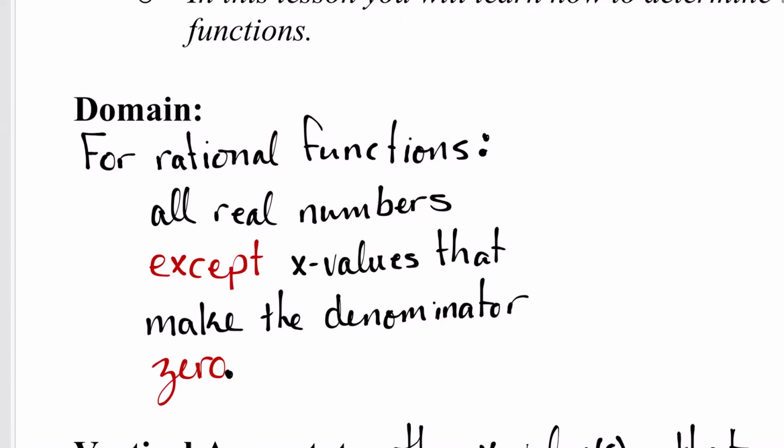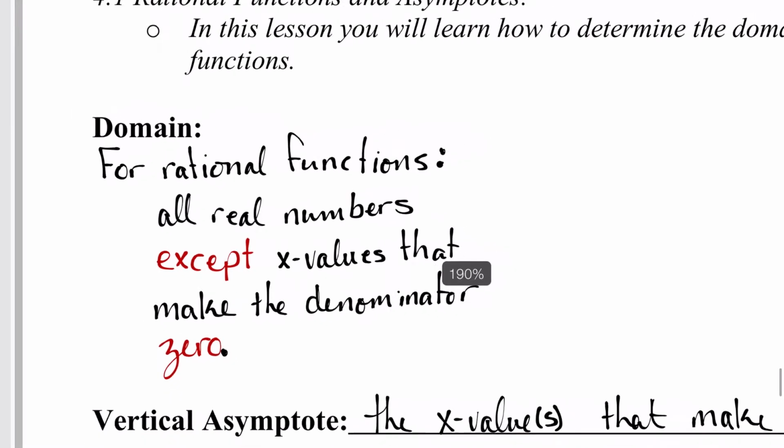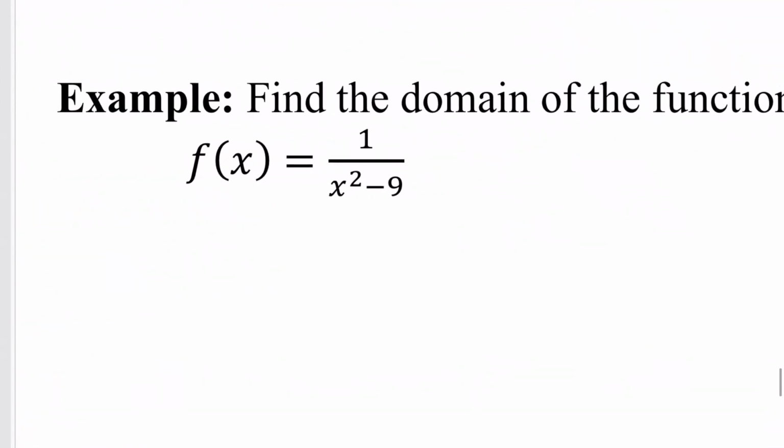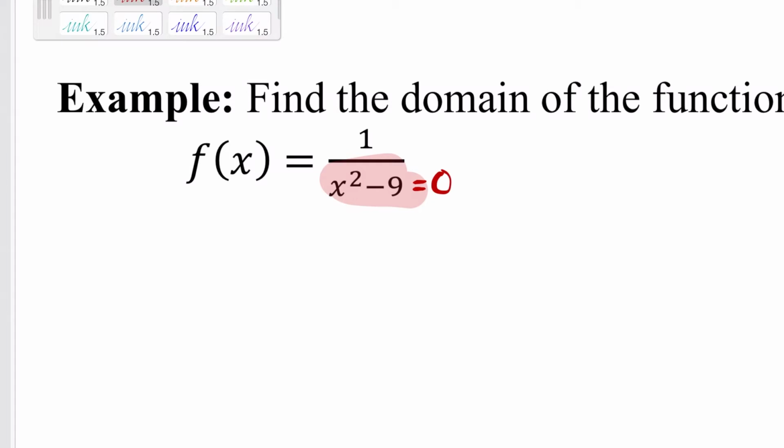When we're looking at rational functions, which is where we have most of our asymptotes, we can plug in any number for our x value except for whatever would make our denominator 0. In this case, I have a denominator of x squared minus 9. I want to figure out what is going to make this denominator equal to 0. I could factor it. Because it's a difference of squares, I end up with x plus 3 and x minus 3.